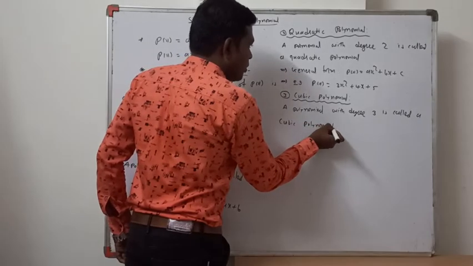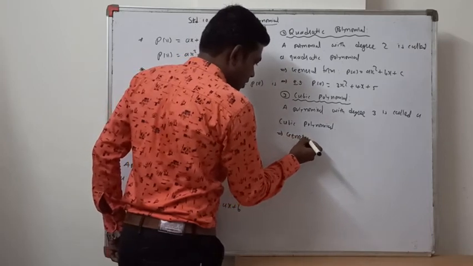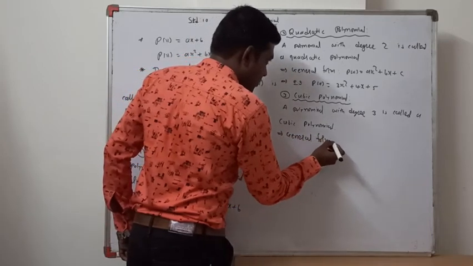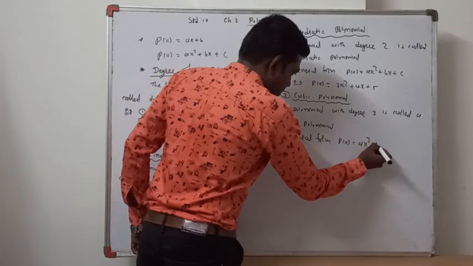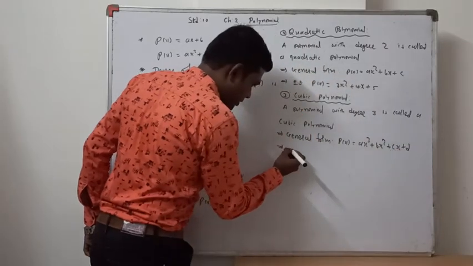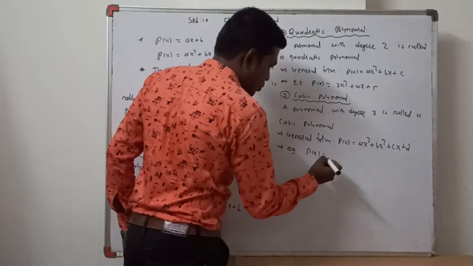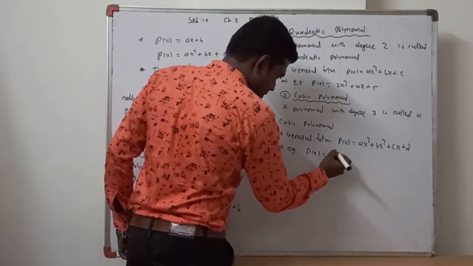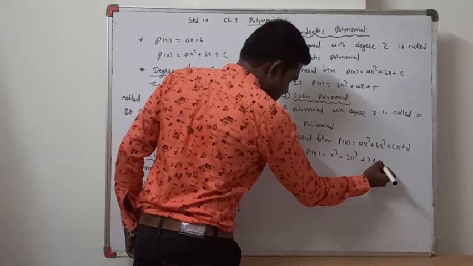Now we write the general form of a cubic polynomial, that is p(x) equals ax cube plus bx square plus cx plus d. Let me take one example also, that is p(x) equals x cube plus 3x square plus 2x plus 5.